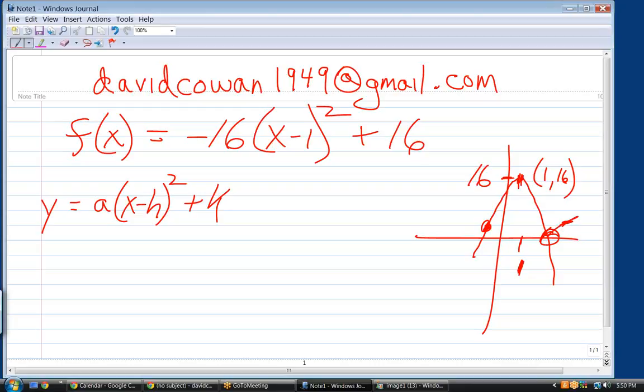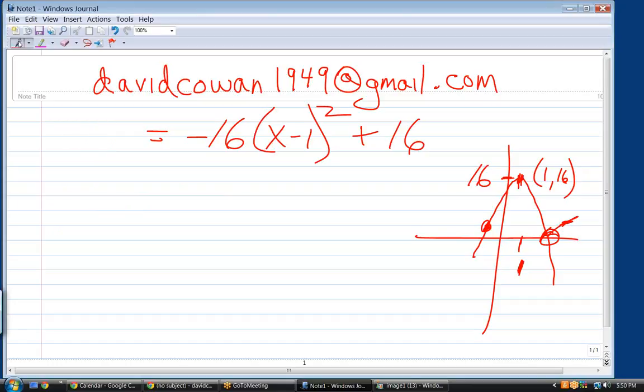What are all y measurements when you're on the x-axis? 0. Yes. So we have to solve this equation, substitute 0 for that, and that's going to tell us what both of those points are. That'll tell us how long it stays in the air.